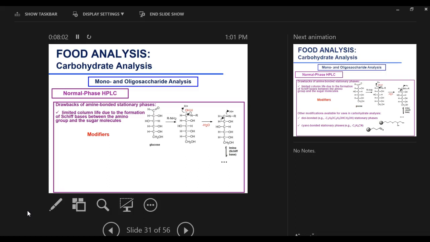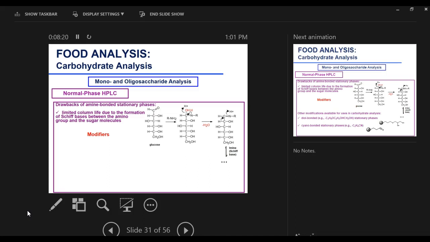You can regenerate by adding modifiers to your mobile phase. That means you add amine groups that will replenish your supply of amine groups on the silica. Then you can run your samples again.